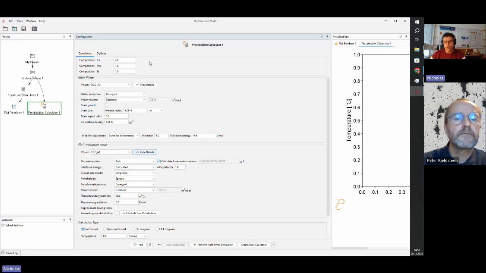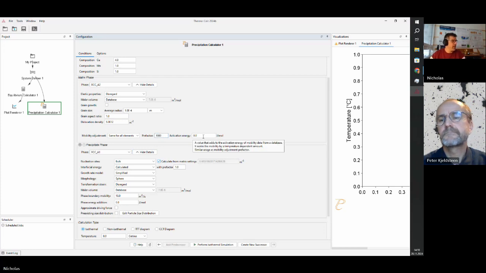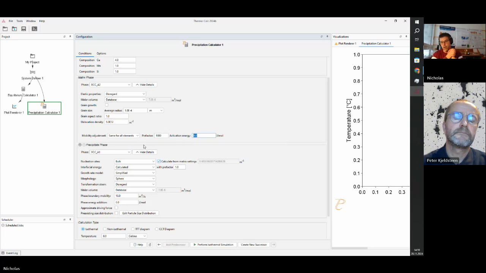One thing I would like to do for these low temperatures is increase the mobility of copper, or actually of all elements in the matrix phase, right? The reason I do this is, first of all, because I've already tried, and it seems required in this case.